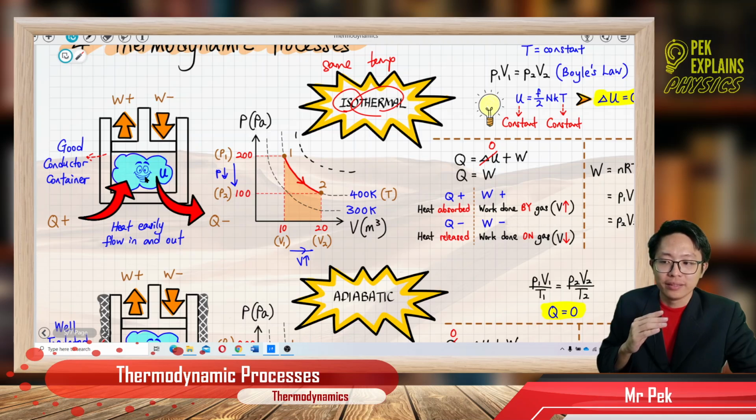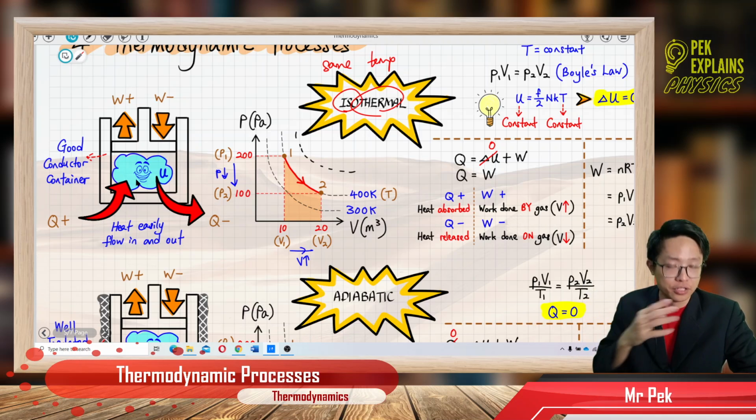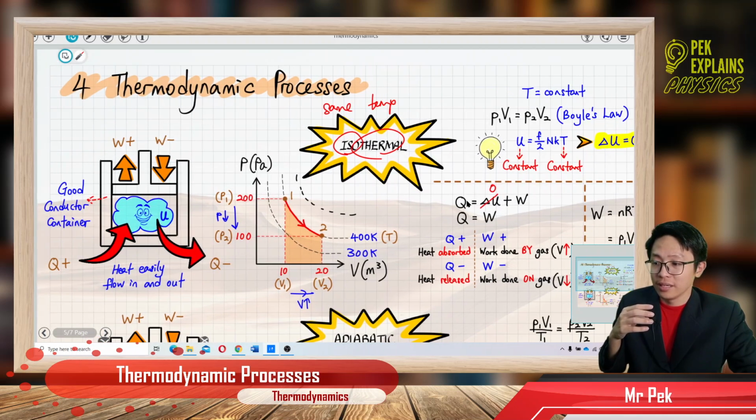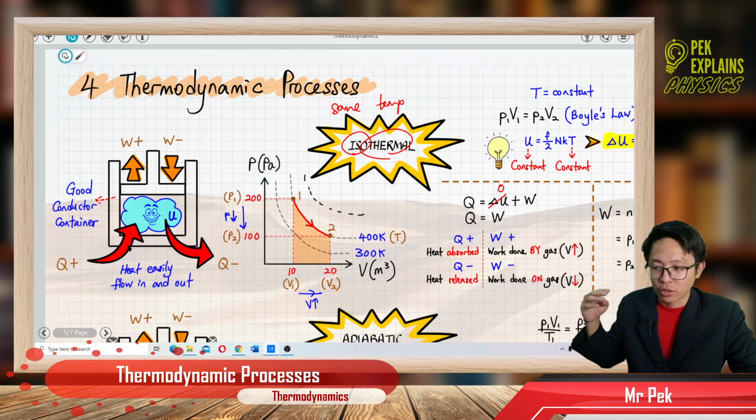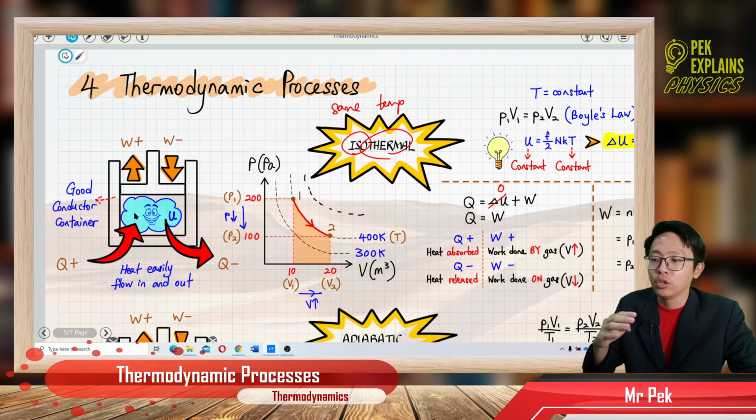The gas does not store the incoming heat energy. The gas internal energy remains constant. What it does is straight away use up the heat energy to do some work. So work is done by the gas, and the volume increases.